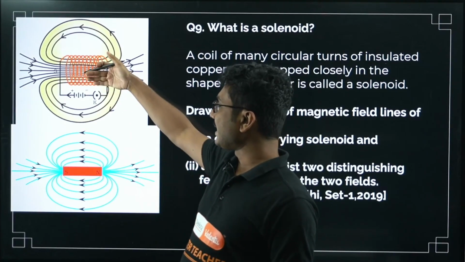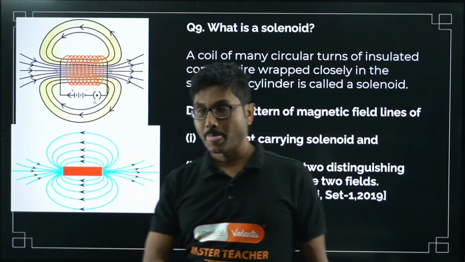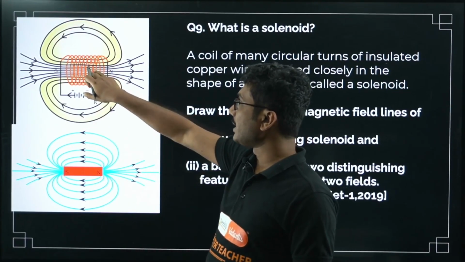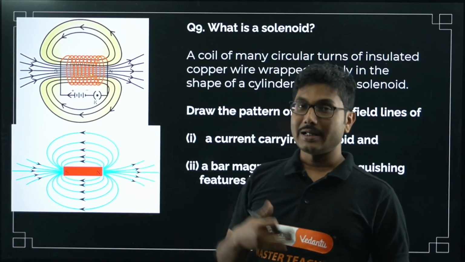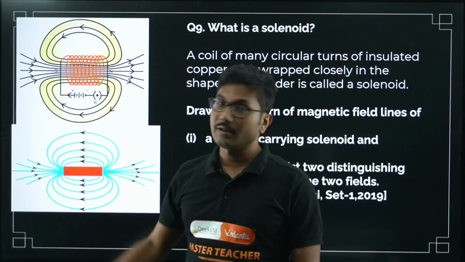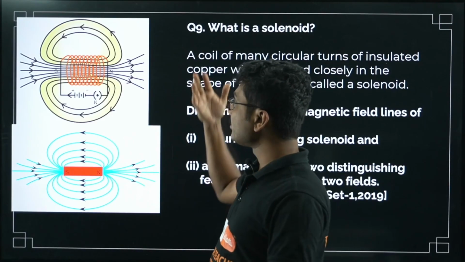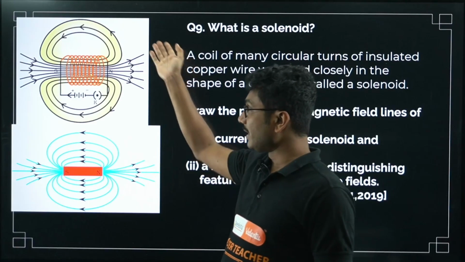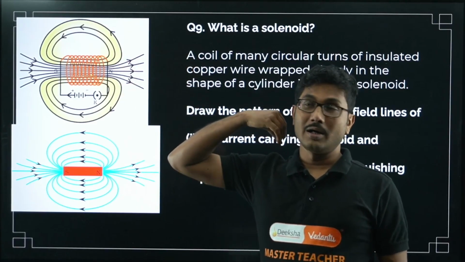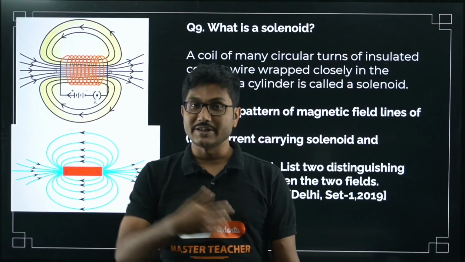Now in this case, the magnetic field is dependent on the current. It is dependent on the number of turns. A bar magnet is independent of that. It has fixed magnetic field lines. You cannot change it for a given bar magnet. For a given solenoid, you can change the magnetic field strength by changing the current, or by changing the number of turns.